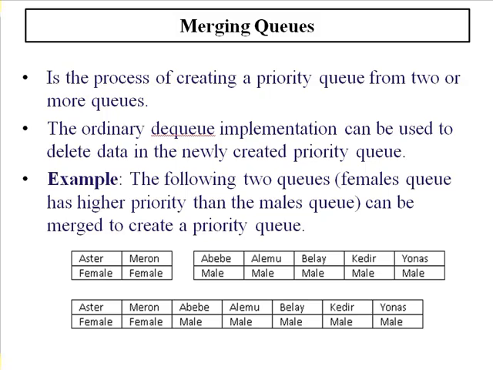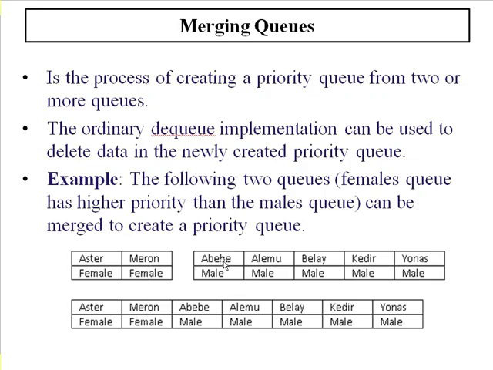So we should just remove an element. We create a single priority queue, then remove an item from each of the queues. So from the male queue, we can remove an item and add it into the priority queue. Then from the females, we can remove. So the female is removed, then added to the priority queue. Then next is Meron, removed from the female queue and added into the priority queue.